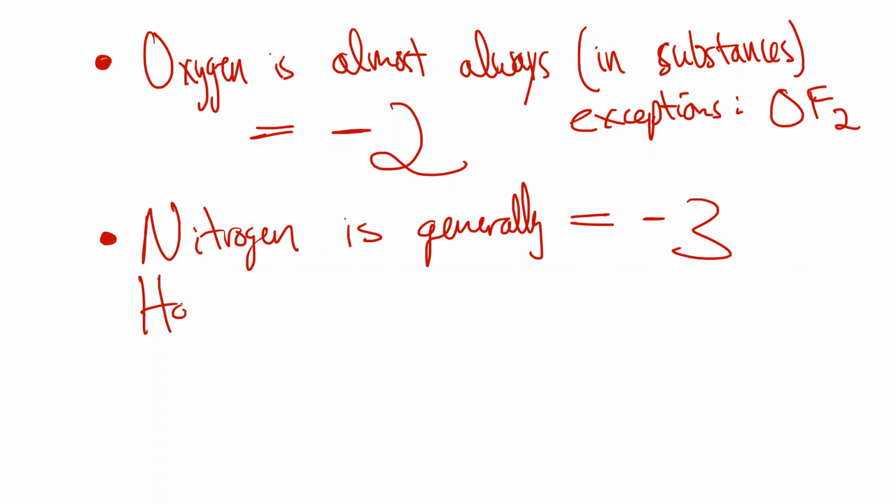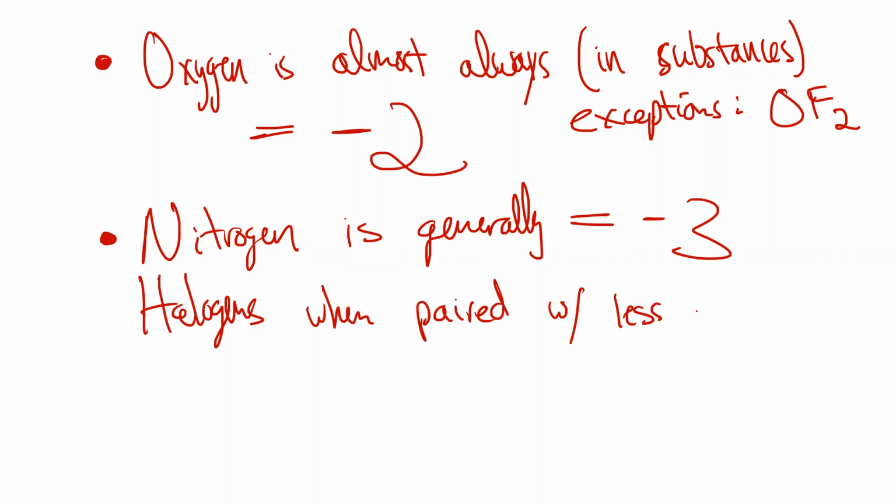The halogens, when paired with less electronegative atoms, equal -1. And the halogens are in general more electronegative. You stick oxygen with bromine, that's different.